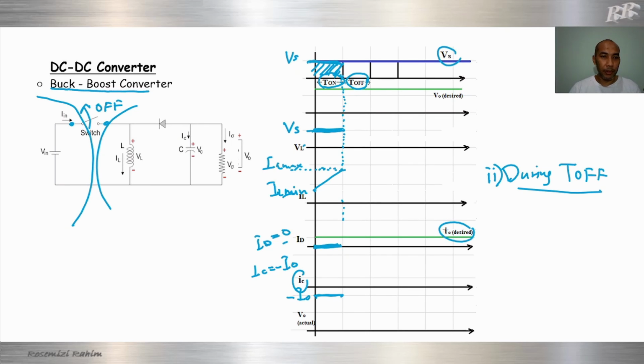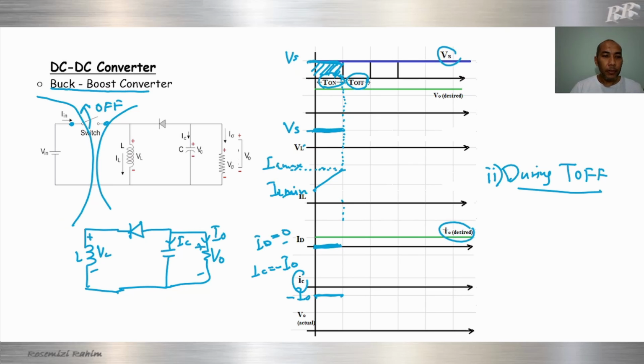Let's draw it: diode, capacitor, resistor, Vout is here, VL, this is the inductor, IC, Io, plus minus Vout.